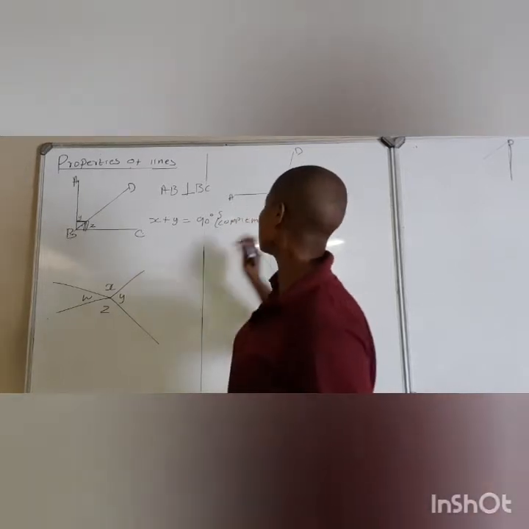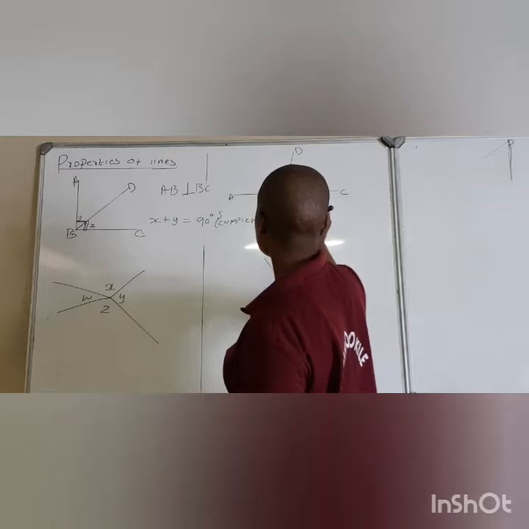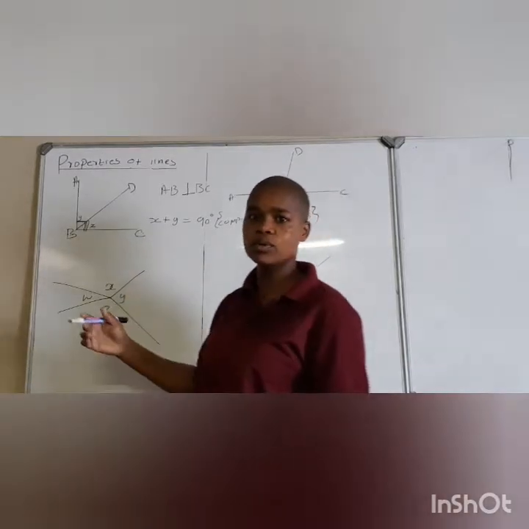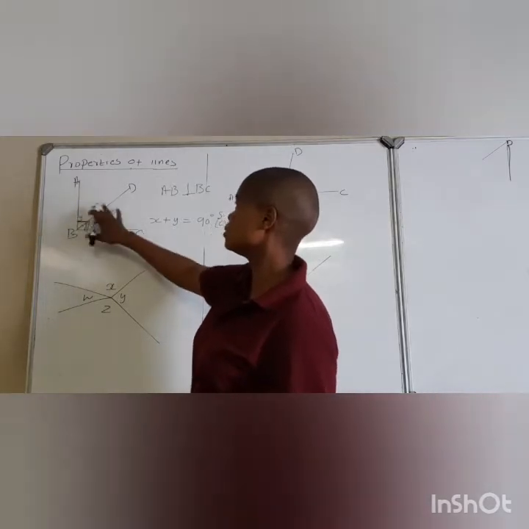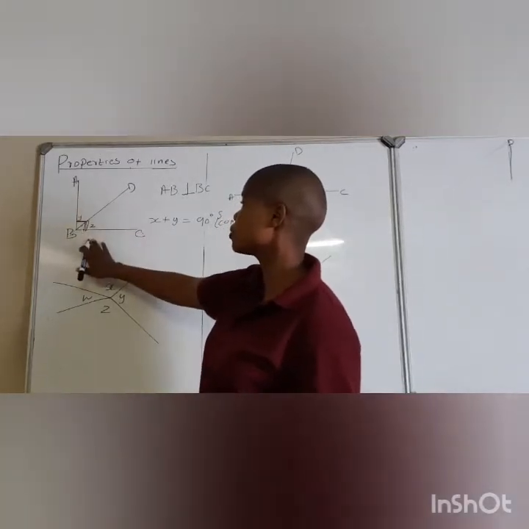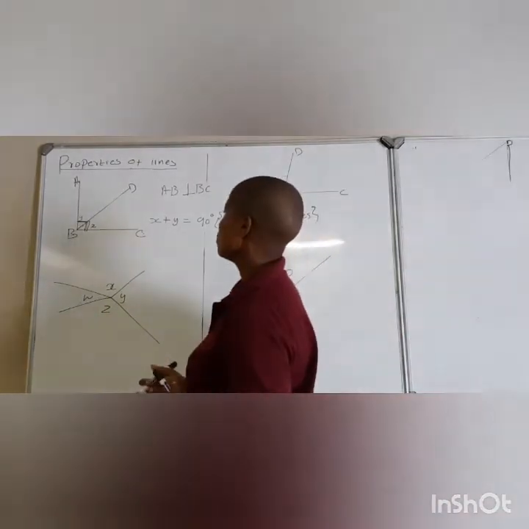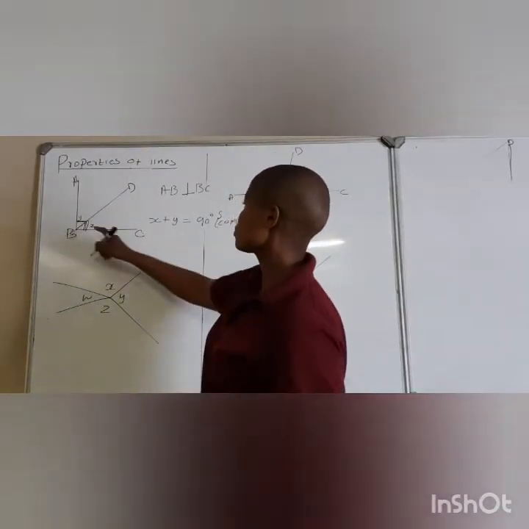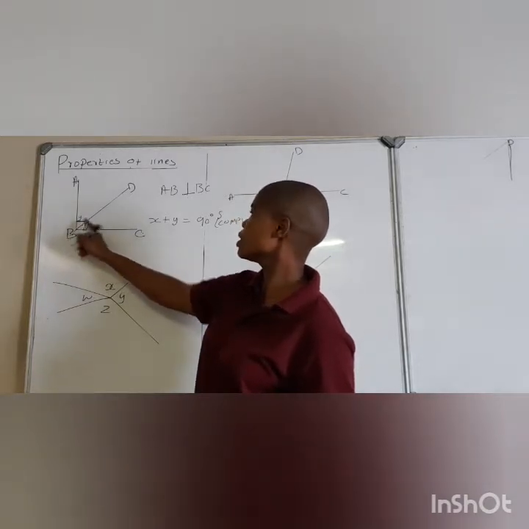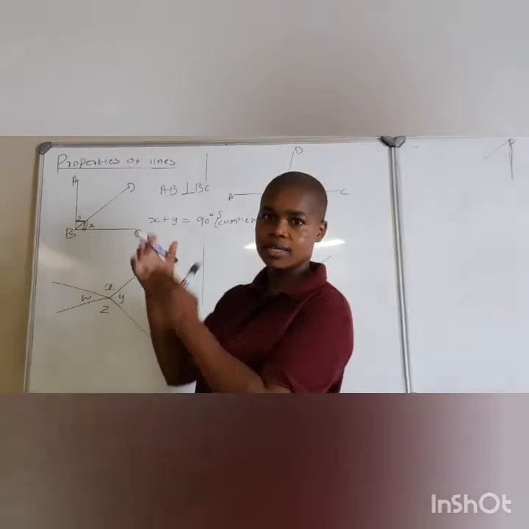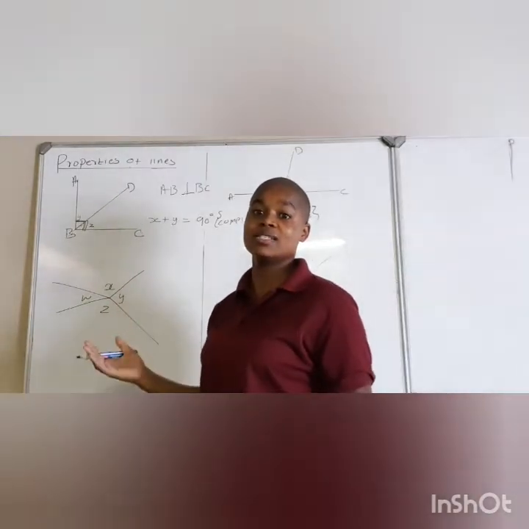Let's say you were given this kind of diagram, and they request that you calculate the value of X and the value of Y. We know that X and Y together give us 90, but we don't know the value of each.